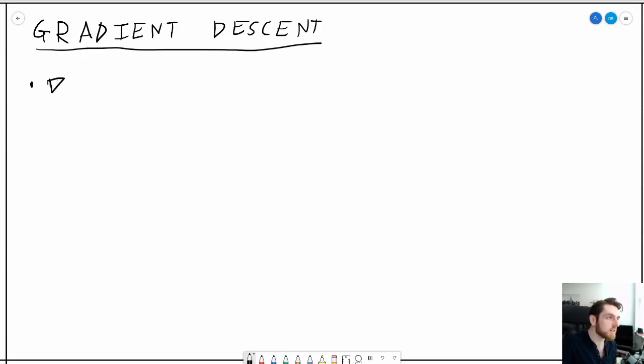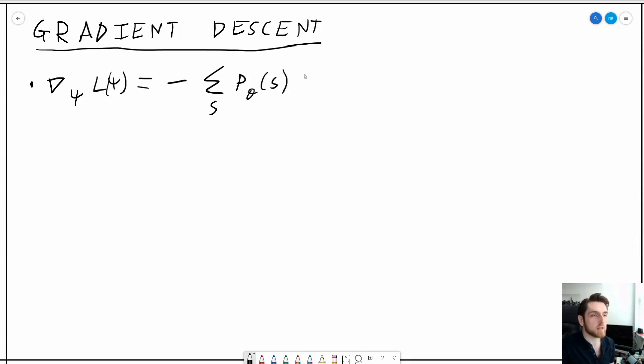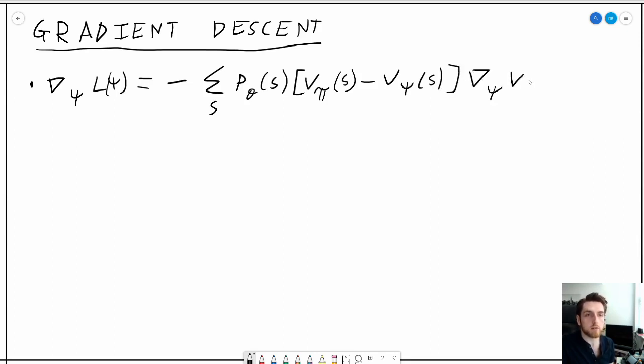And when we calculate the gradient, what we end up with is the sum over states weighted by the probability of being in them, the difference between these exact values and the estimates, and the gradient of value for that state.